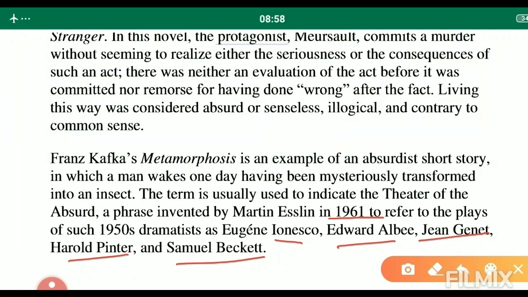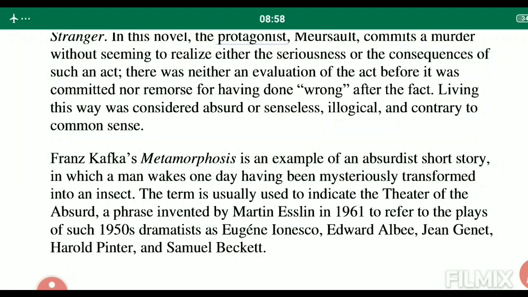Samuel Beckett wrote one very famous play, Waiting for Godot, about which you must have heard. This is an example of the theater of the absurd, where the two protagonists of the drama live their life as if there is nothing in their life, and they repetitively speak out one statement: nothing to be done, nothing to be done.